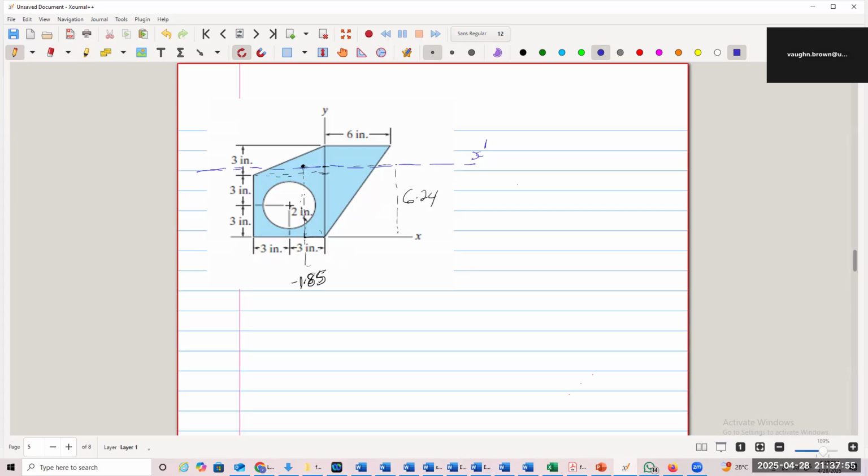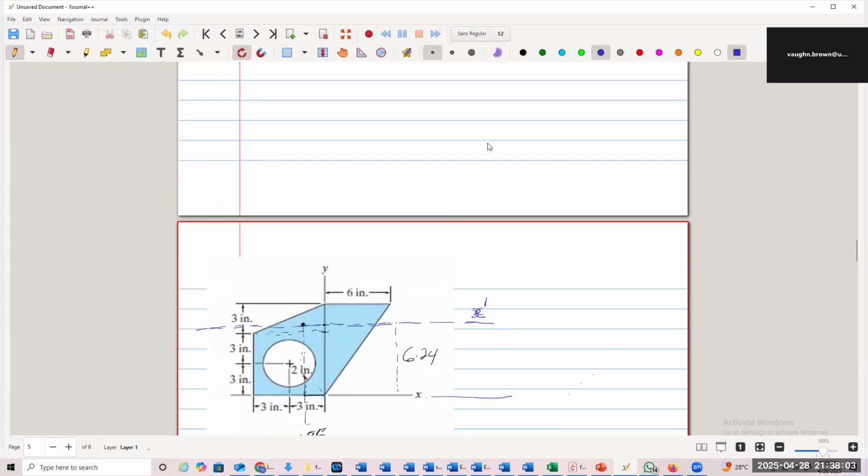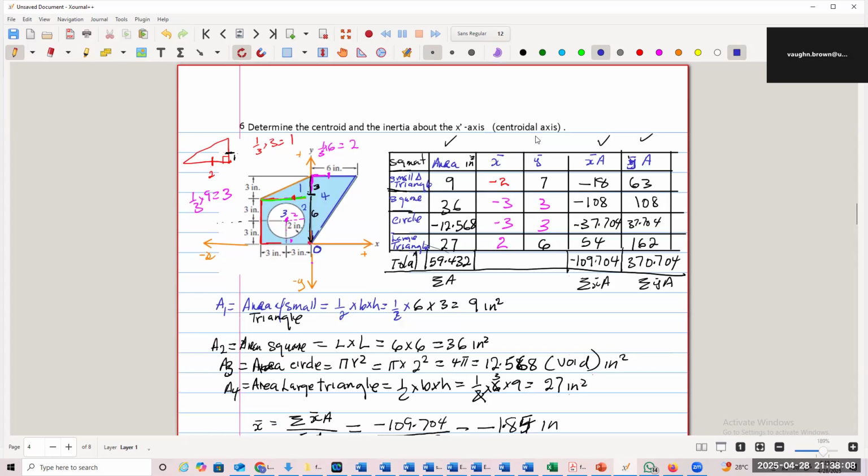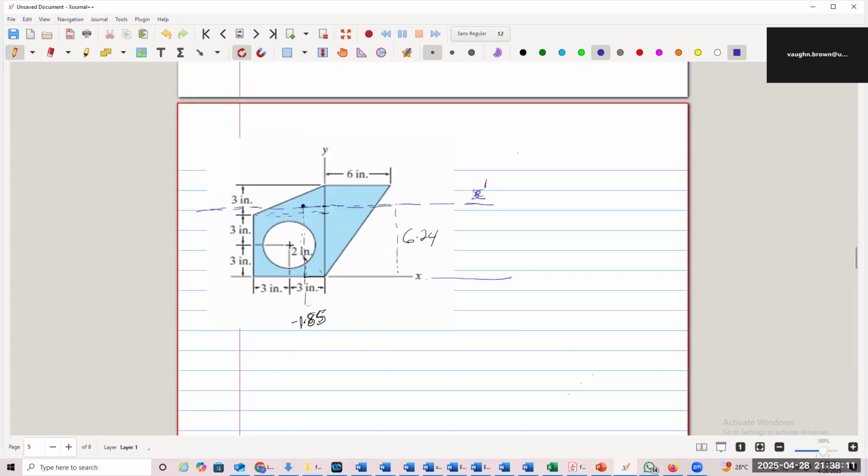See the x axis down here and your x prime line here. It says x prime, which is the centroidal axis. So this becomes your y, and this is your x. So that is your y bar.